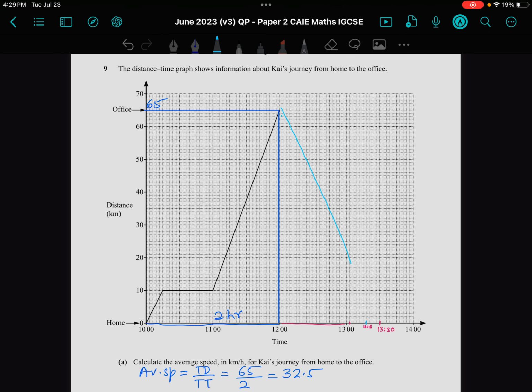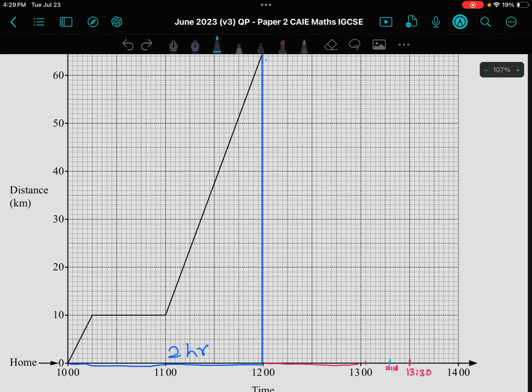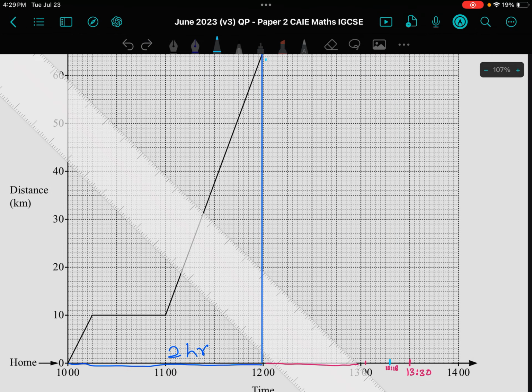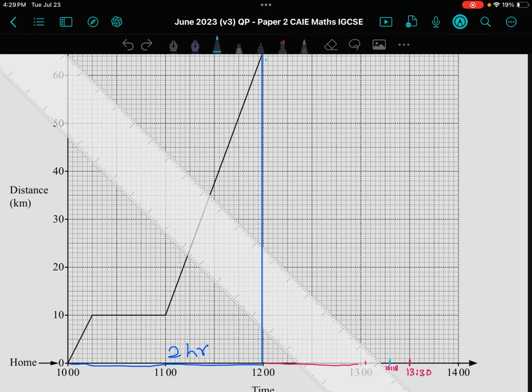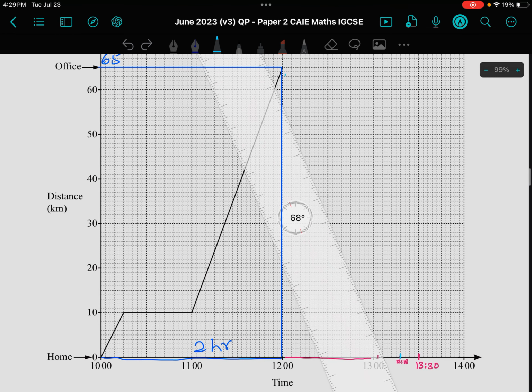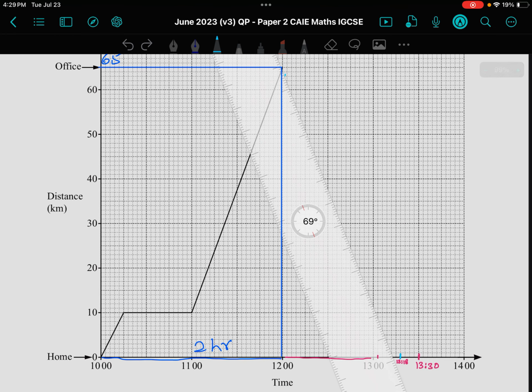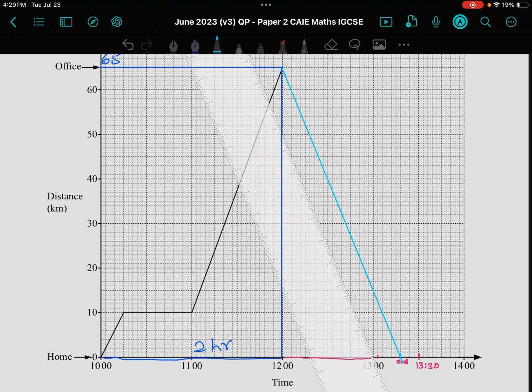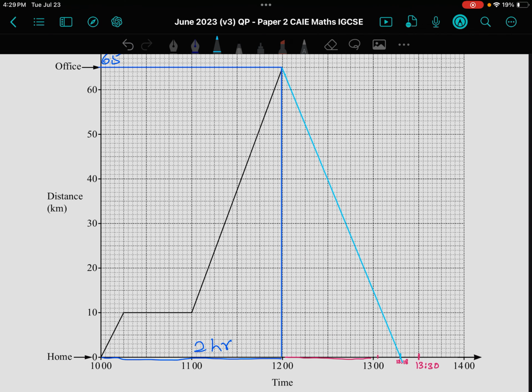Again I will draw it. Take the scale to draw this line accurately. So this is the way back home.